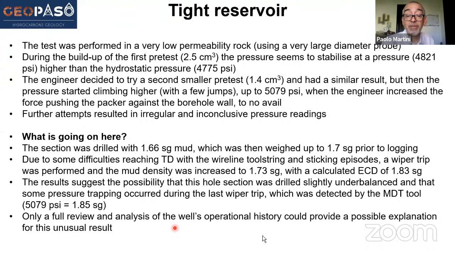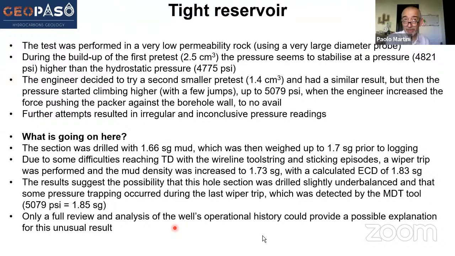So the interpretation is that this whole section was actually drilled slightly underbalanced because of the low permeability. Nothing bad happens. There was no inflow, and the pressure was trapped during the wiper trip and was kind of released by the pretest.